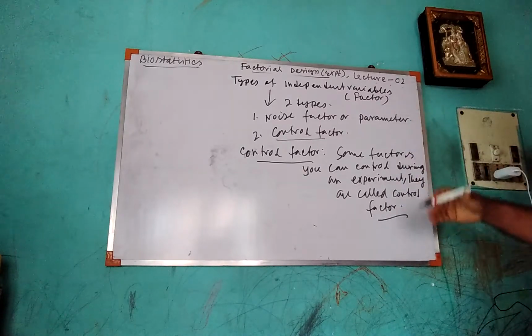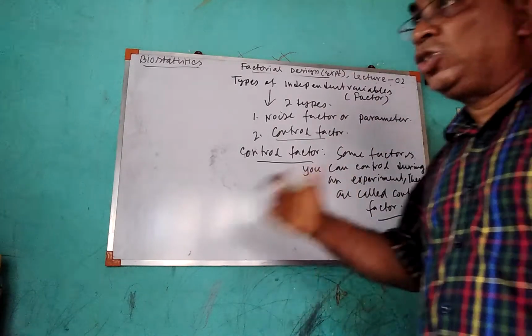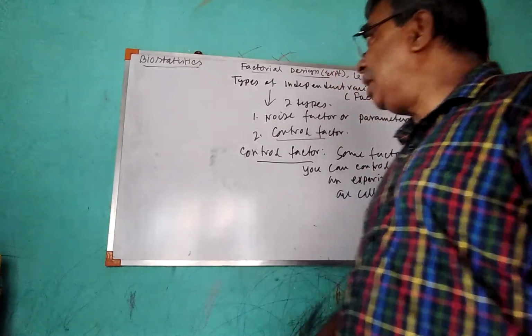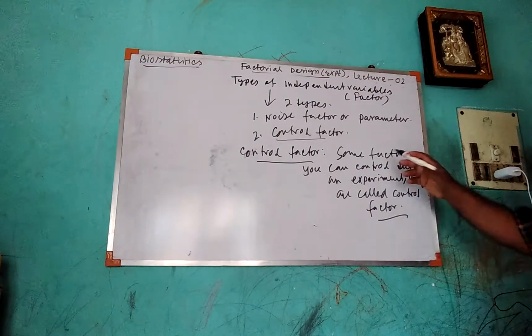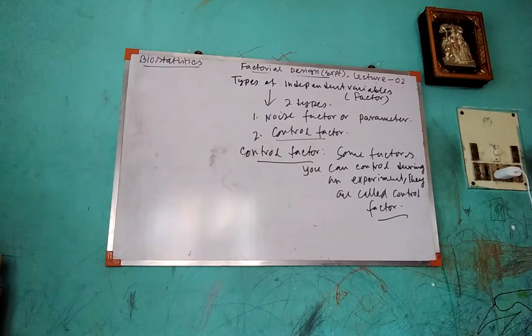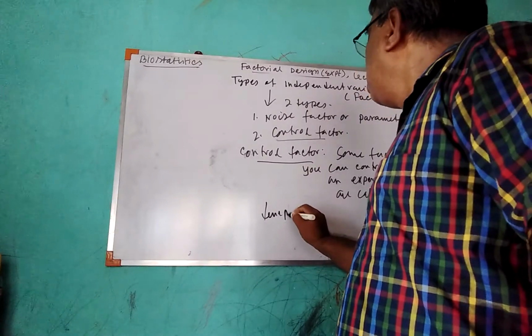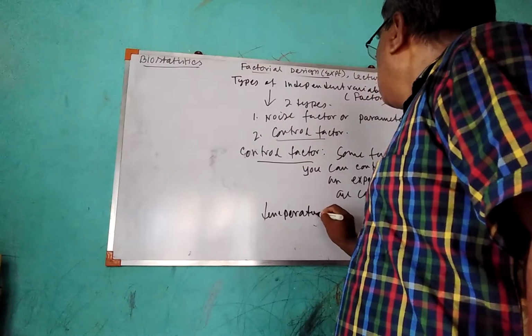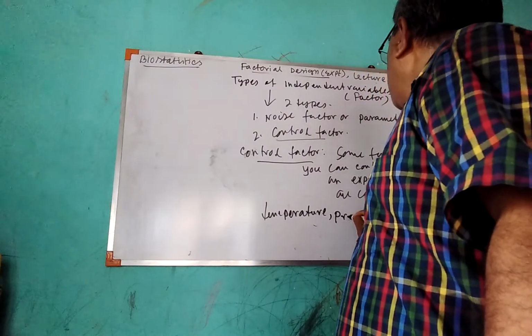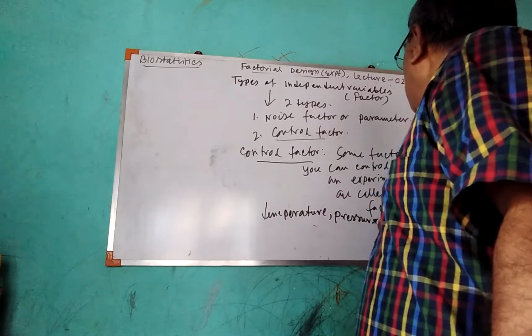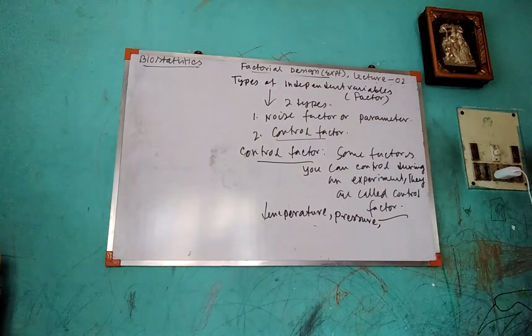These all depend actually on factorial design, so we are discussing this thing. Some factors you can control during an experiment are called control factors, like temperature and pressure.